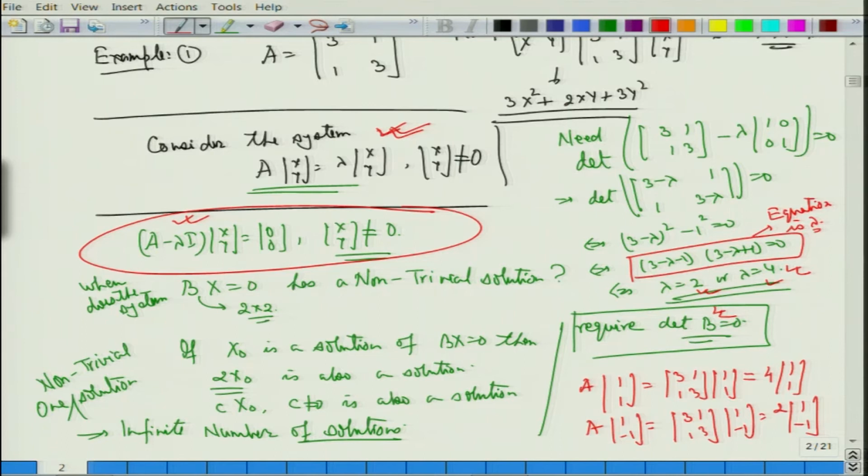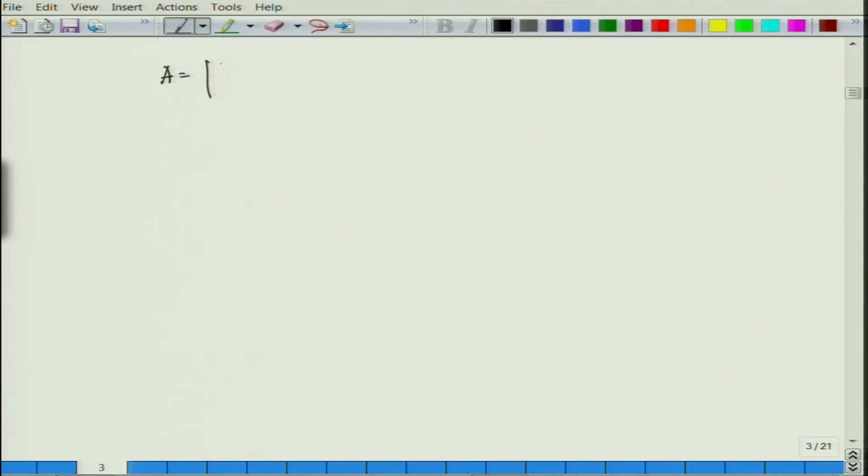So I have my A, the matrix [3 1; 1 3], and lambda equal to 2 or 4, these are the two choices for lambda. The idea was to find A(x, y) equal to 2(x, y) and A(x, y) equal to 4(x, y).